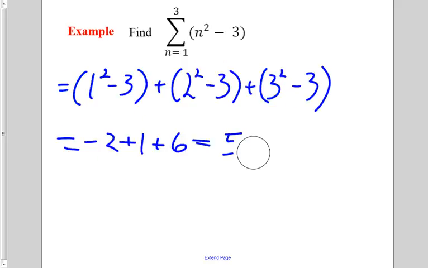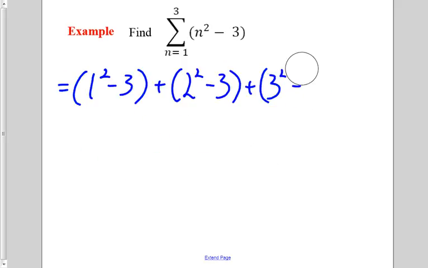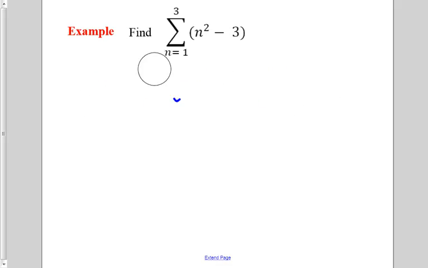Now our next sum here is asking us to add all of our terms from when n equals 1 to n equals 3 in the function n squared minus 3.